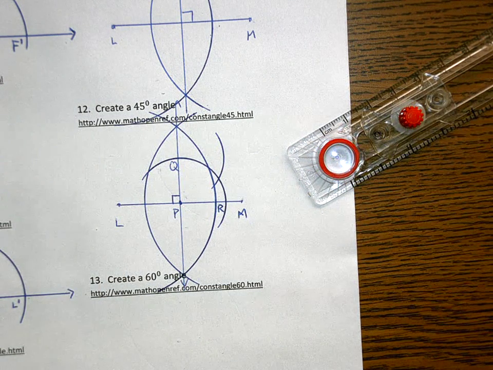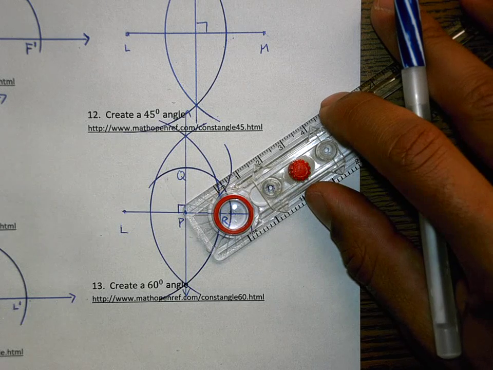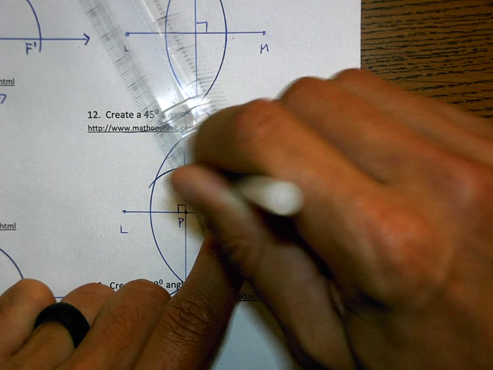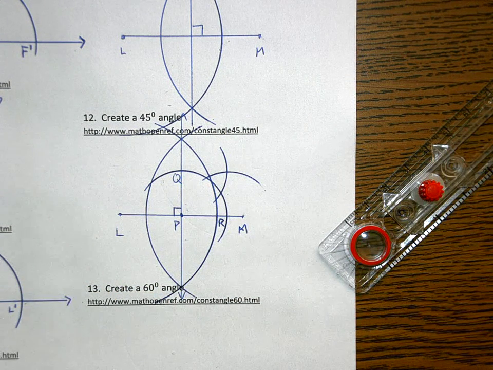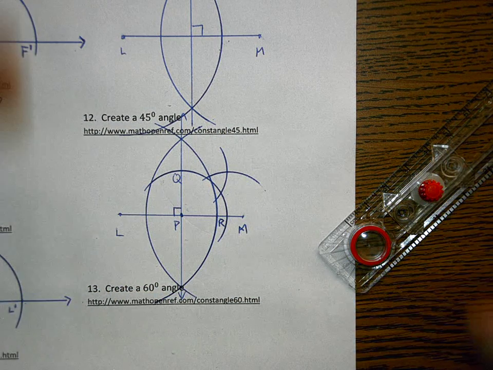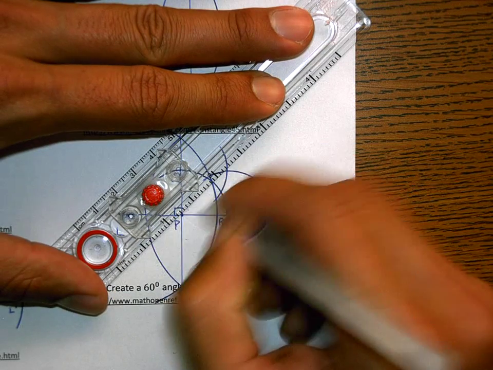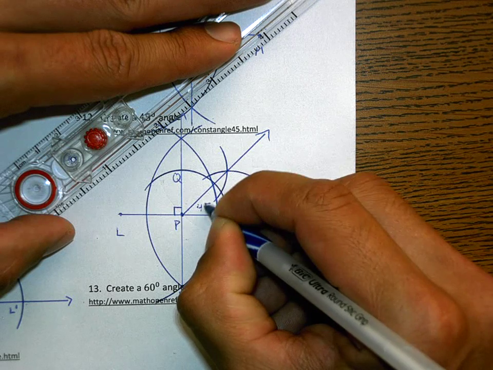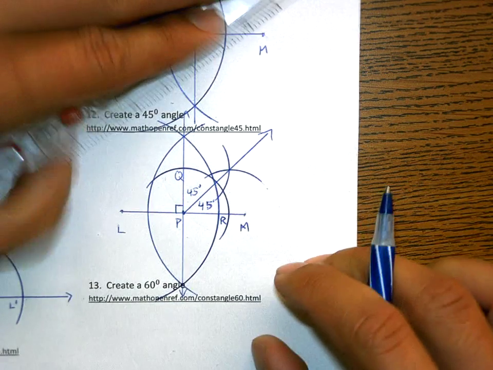Then I have to put my bullseye on R. Same distance. And you have this X that marks the spot, which is exactly in the middle. You're going to go from P through that point, and you have 45 degrees here and 45 degrees there.